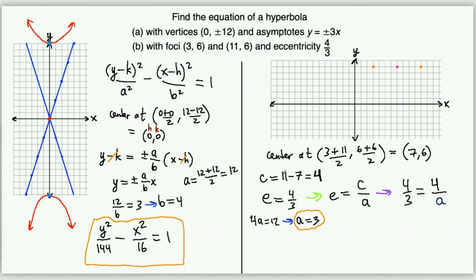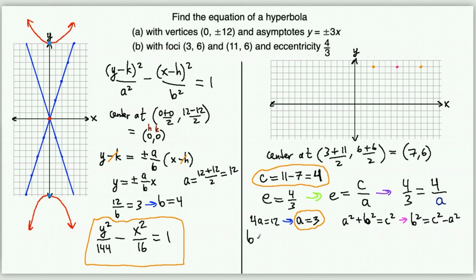And then c is equal to 4, right? Let's circle that. We're going to need that to find b. So now, how do you find b? Use this equation: a squared plus b squared is equal to c squared. So b squared is equal to, algebraically, c squared minus a squared.